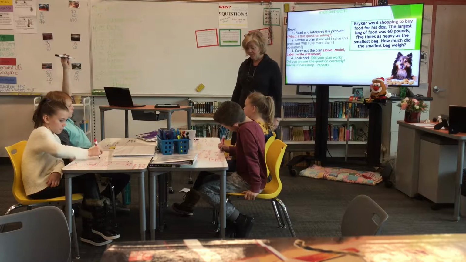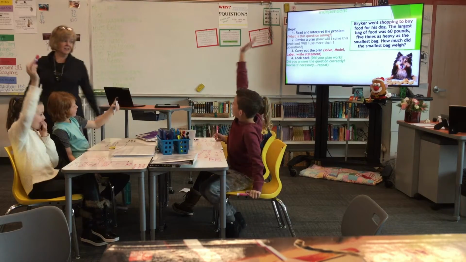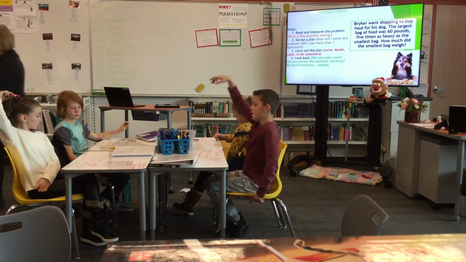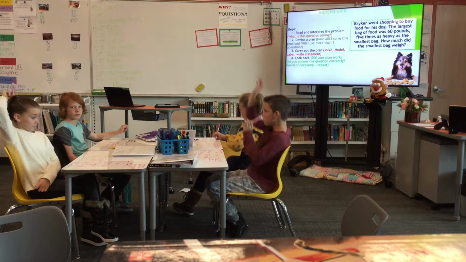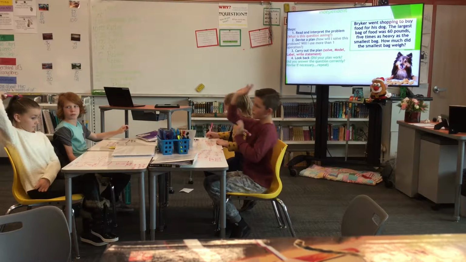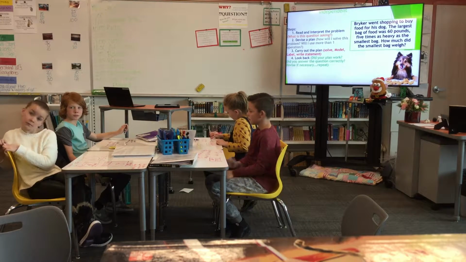Is that what we're doing? Okay, now solve it, because you have the right answer. Okay, you got it. You think you're done? Show me. You're close. You're getting there.